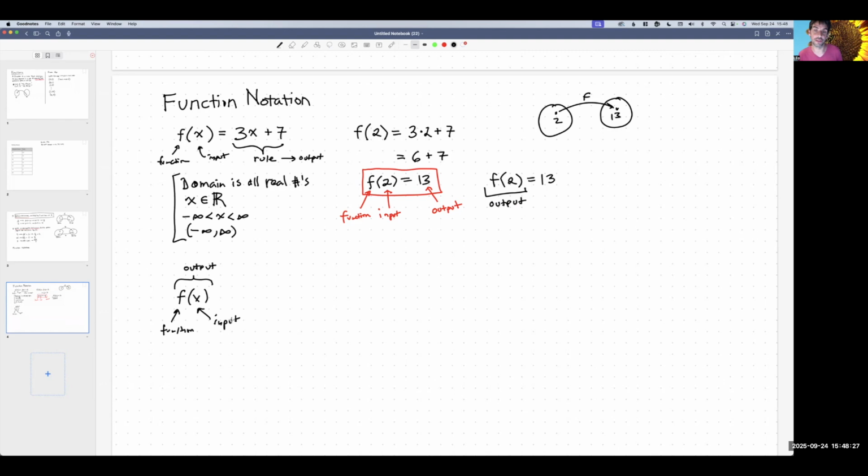In the example case, we did f of 2 is equal to 13. Okay. And sometimes we will give this whole thing the output its own name, typically y, right? And so that's just another symbol that we use often.